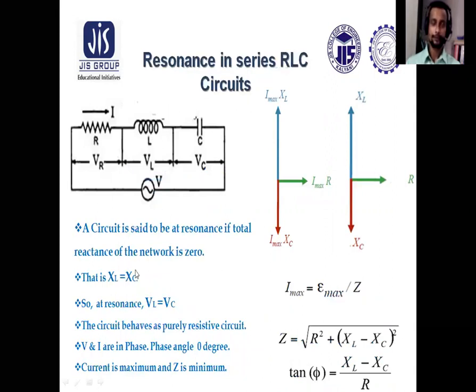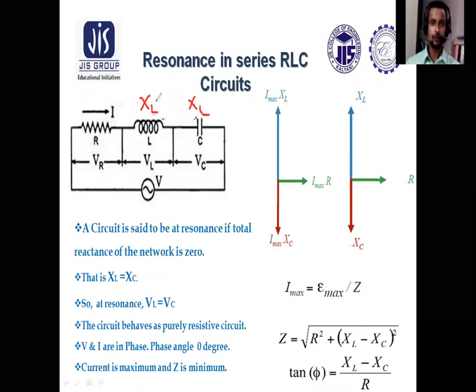So the concept of resonance comes here. A circuit is said to be at resonance if the total reactance of the network is 0. That is, if XL becomes equal to XC.